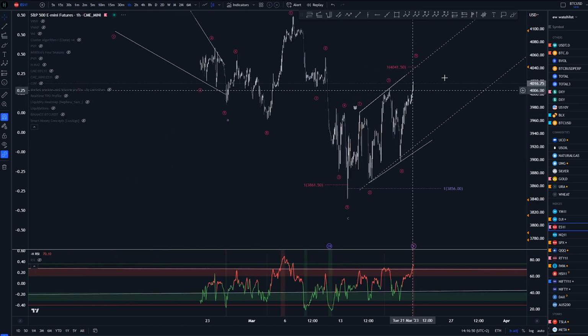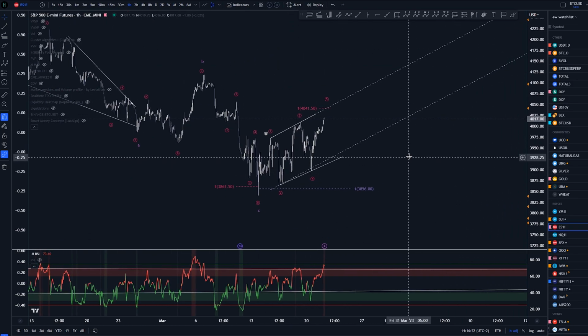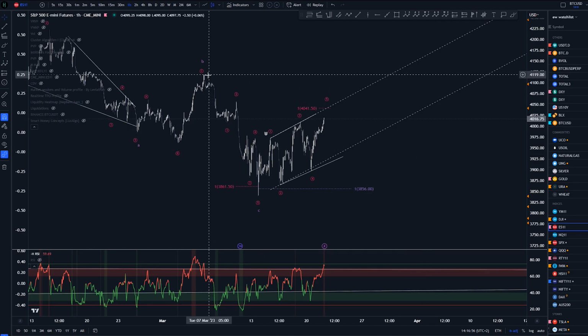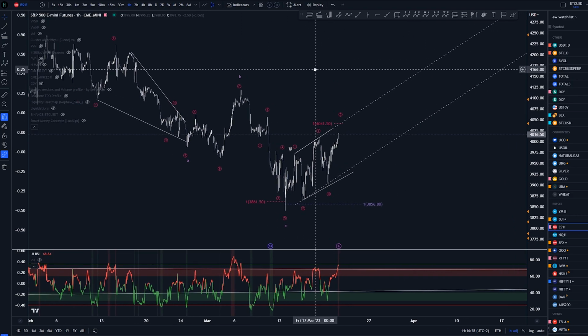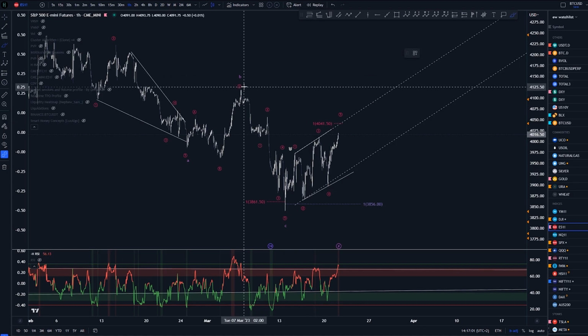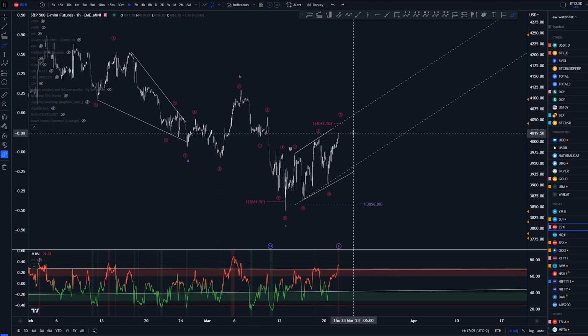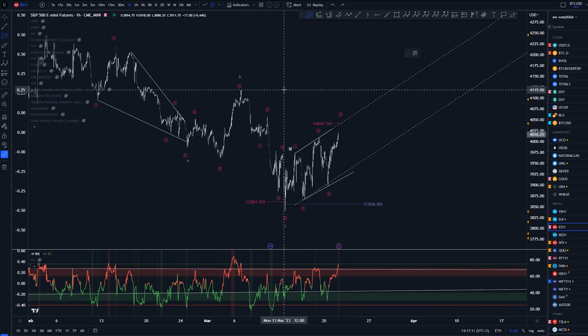Also, if we are comparing this to other indices, like we talked about in the previous video on Nasdaq a couple of days back, Nasdaq has been very much more bullish than S&P 500. It has taken out the highs that we had here on the 6th of March, and S&P 500 has yet to. It is now breaching around the golden pocket.